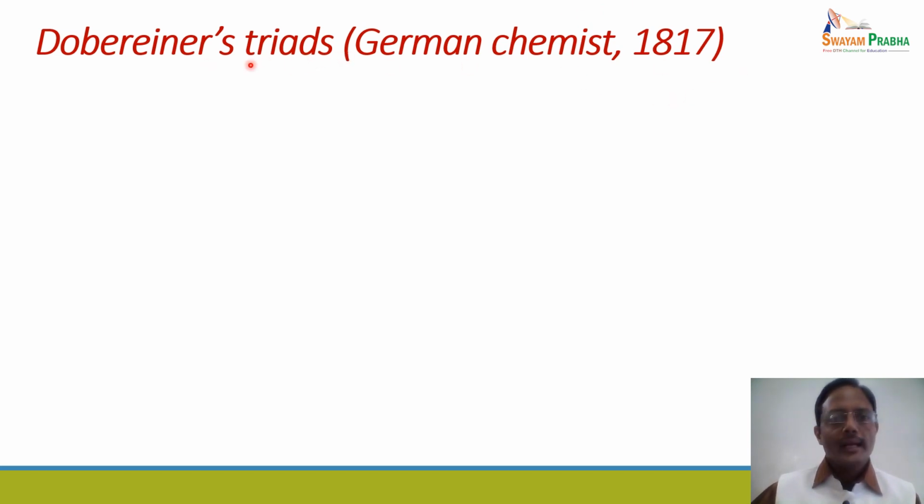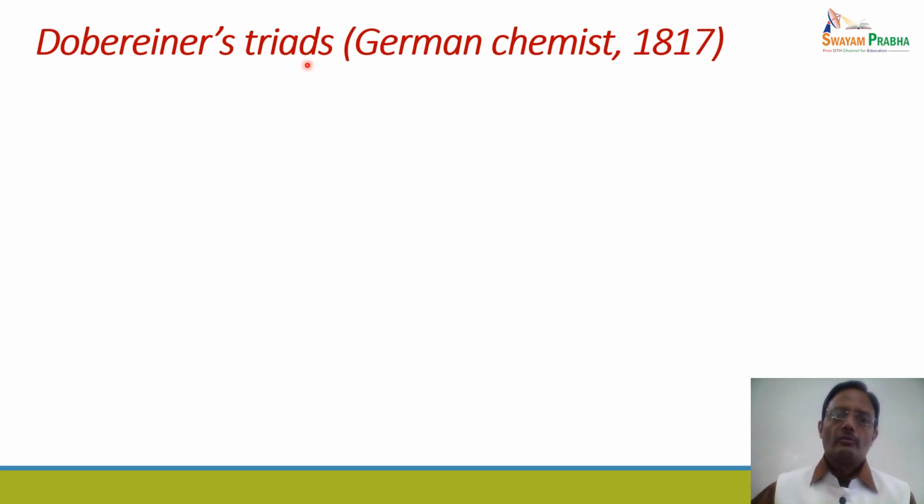What Dobereiner did was collect or select elements having identical properties. A group of 3 elements with identical properties was called a triad, and Dobereiner arranged these triads in increasing order of their atomic masses.